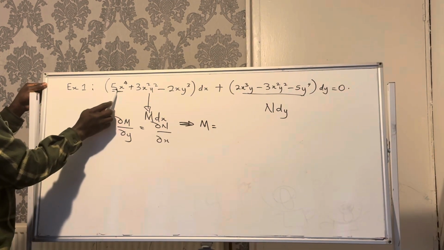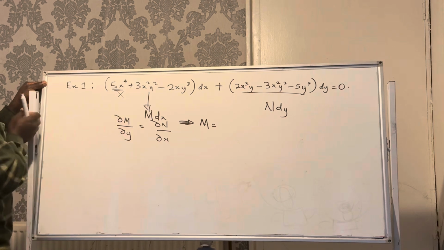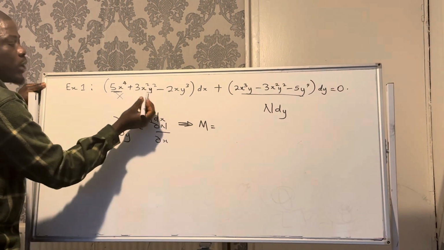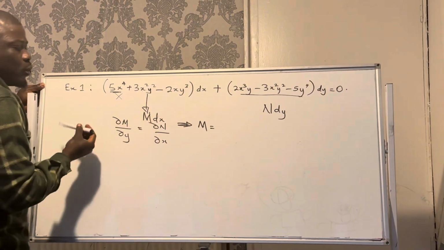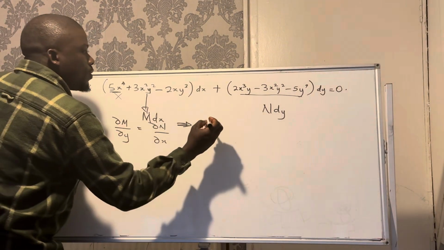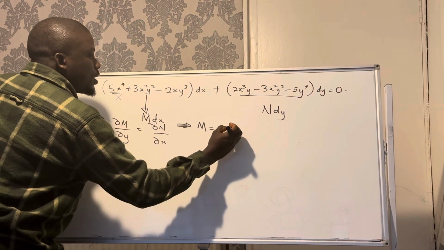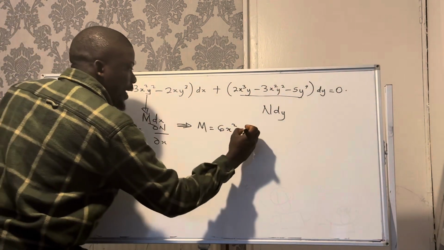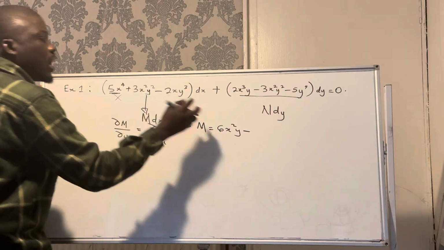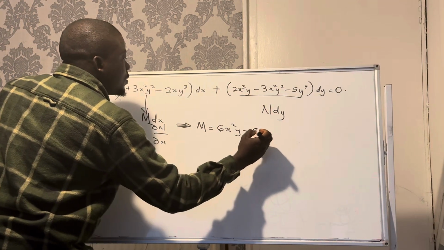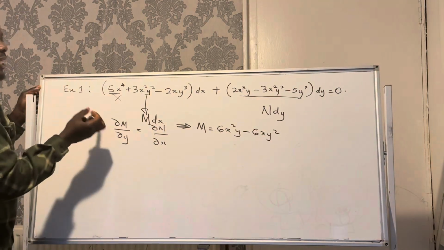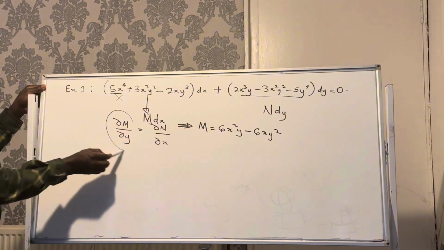There is no y variable here, so this is not differentiable. Now, if you look at this, we have 3x squared y squared. If you differentiate this with respect to y, we have 6x squared y minus, if you differentiate this, you have 6xy squared. So we've differentiated M with respect to y.